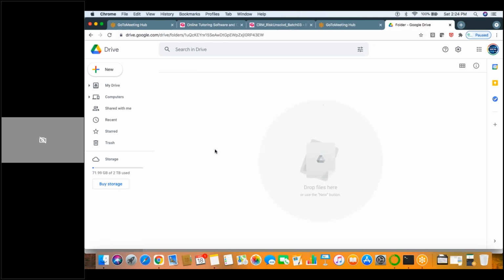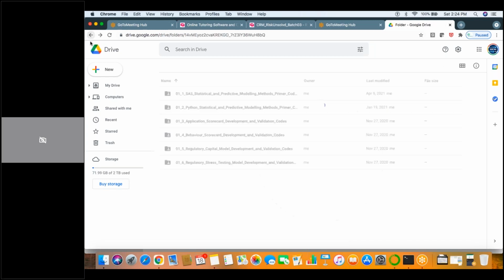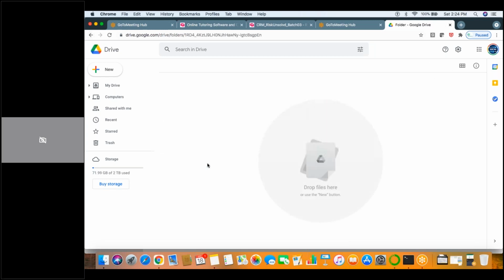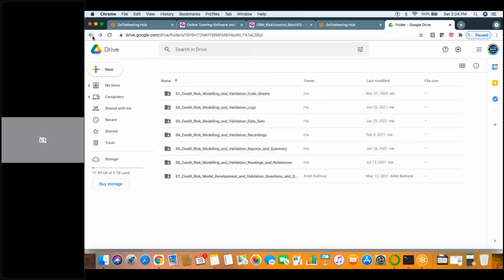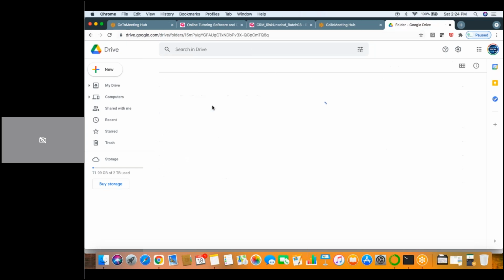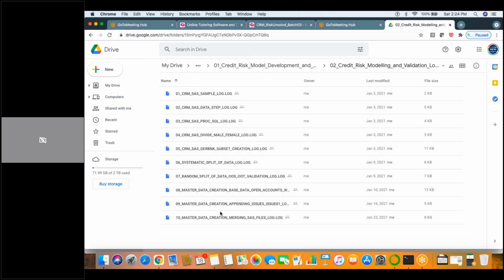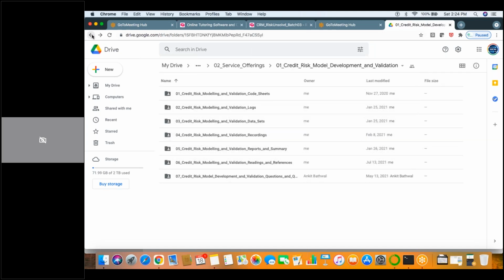The regulatory model code sheets and the stress testing and development code sheets will be saved. It's still in the process of being updated. So this is the code folder that we have. Similarly, the logs generated by the respective codes are summarized over here. These are some of the things which we need to take up.